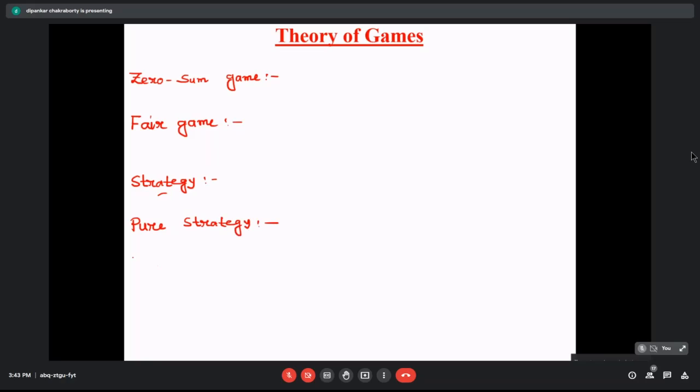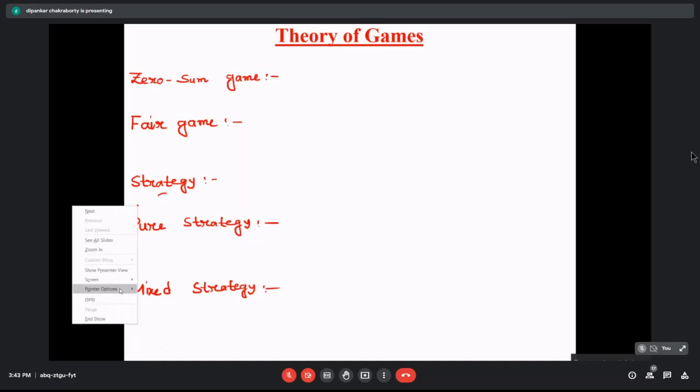That means I have to say much more and write down very little. Mixed strategy and pure strategy. First, I'm going to give you the mixed strategy. Then it will be easy for us to define the pure strategy.